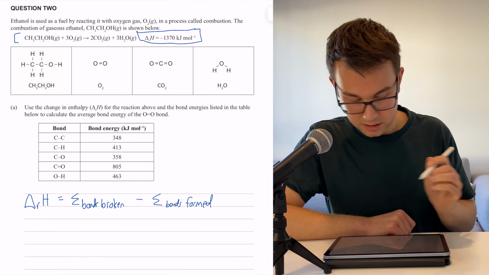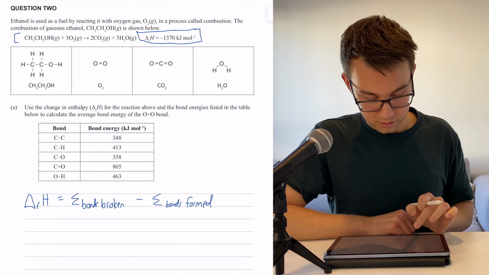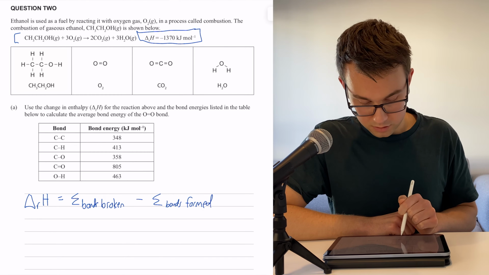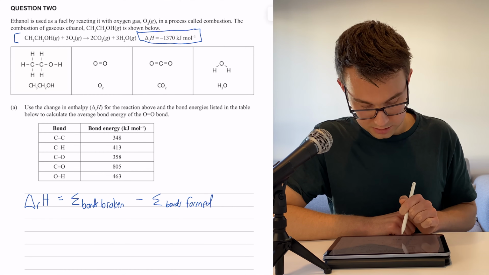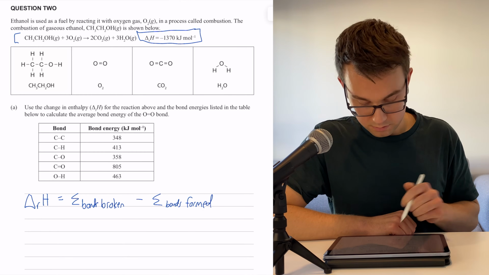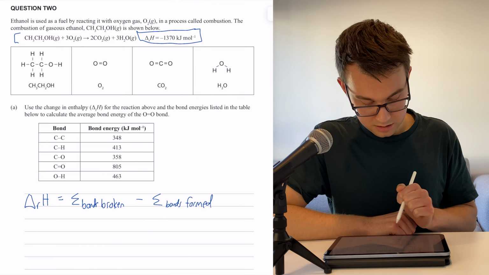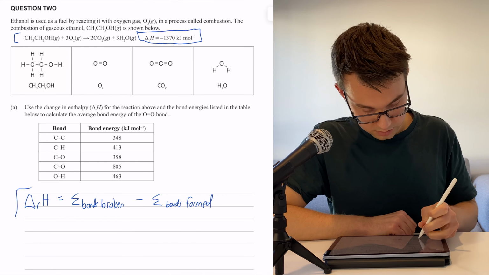So this equation tells us the sum of the bond energies for the bonds that are broken minus the sum of the bond energies for the bonds that are formed equals the total delta RH value.